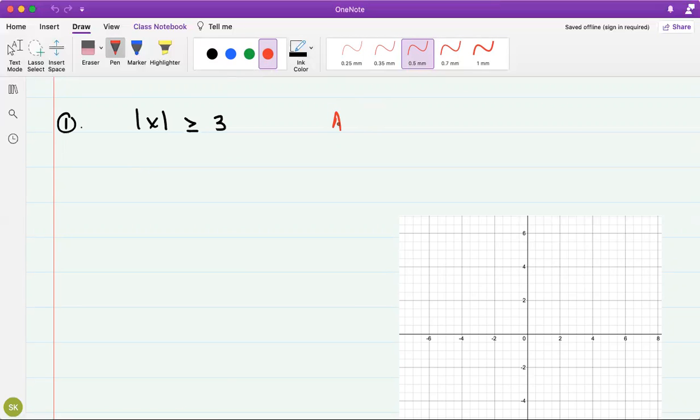So we always isolate the absolute value. So here, the absolute value is the only thing on the left-hand side. So it is isolated, but if you have other things on the left-hand side, you want to move them over to the right-hand side so that the only thing you see is the absolute value signs.